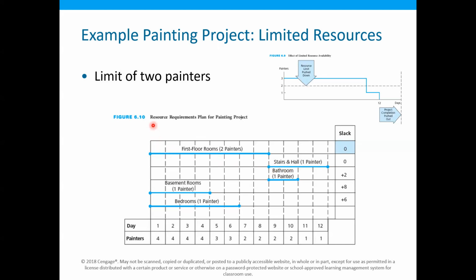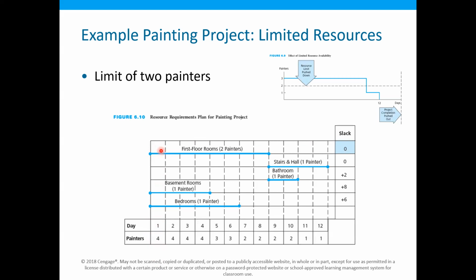Then we start from the beginning of the project, that means day one. So in day one, we have three activities over here. We will not consider the stair and hall at this time because the stair and hall has been scheduled to start on day 9. So we start from the beginning, from day one.